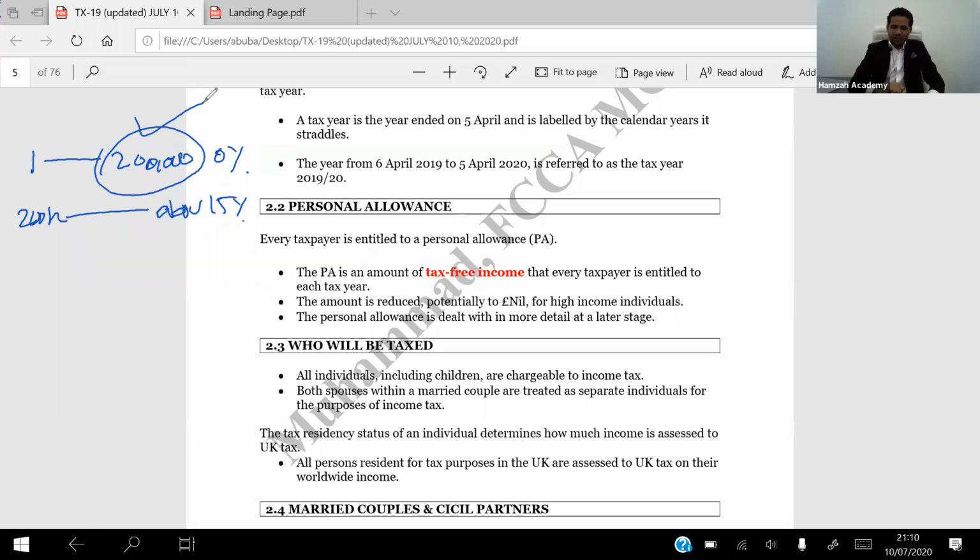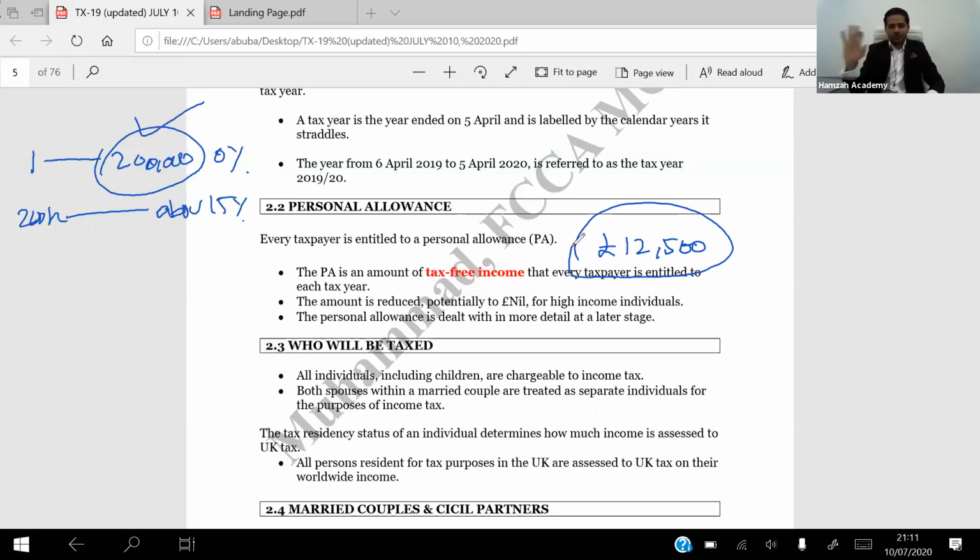It means every individual is entitled to a personal allowance. What is the personal allowance provided by HMRC? That is pound sterling 12,500. How will we be using it?